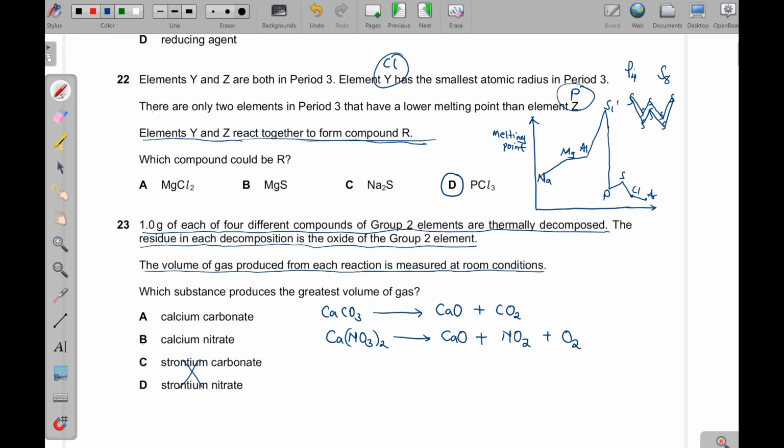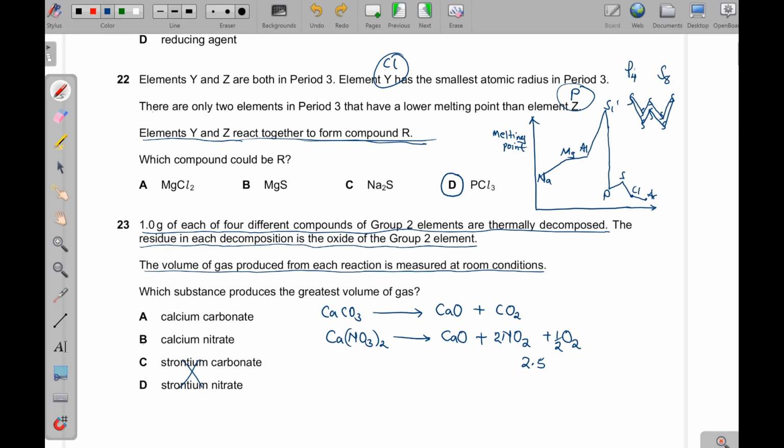I can put a 2 here to balance the nitrogen. Then oxygen becomes 6, and here it is 4, then 5. Here we must get 1, so I can put a half here. That means the total volume of gas here is 2.5, the 2 here and then the 0.5.